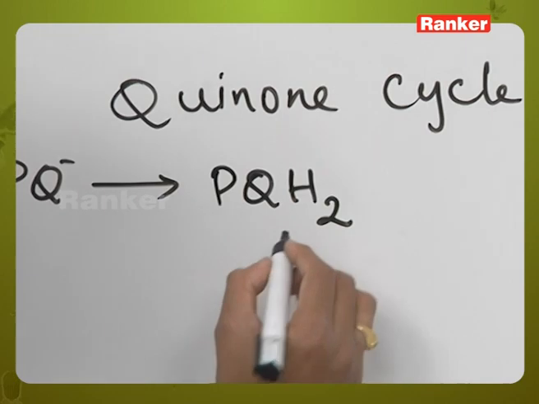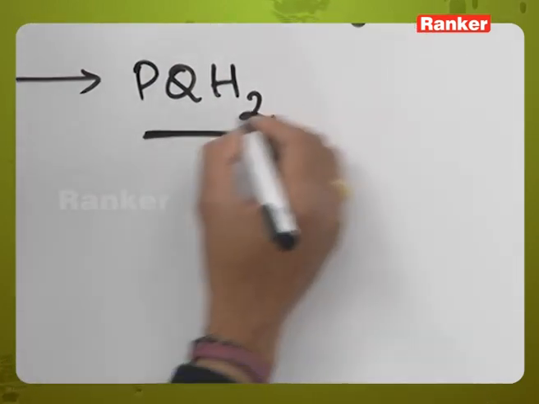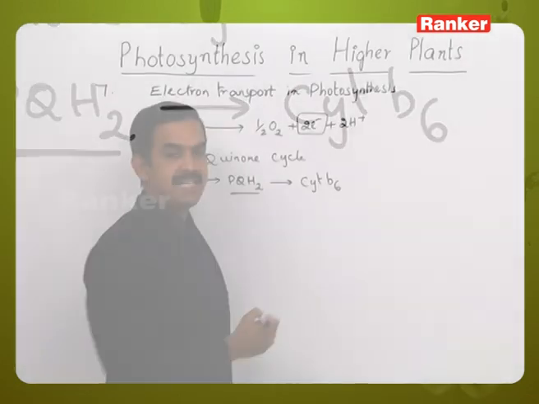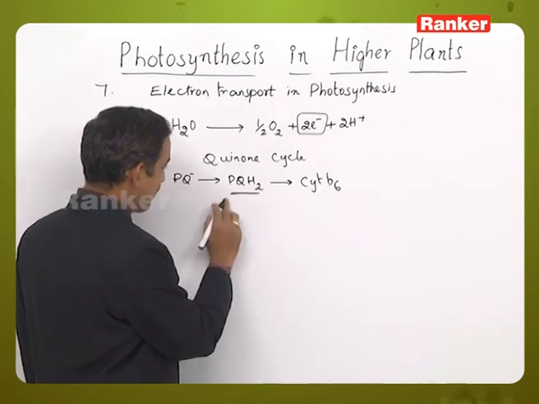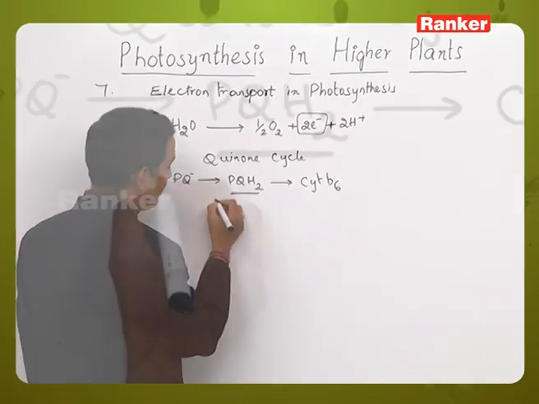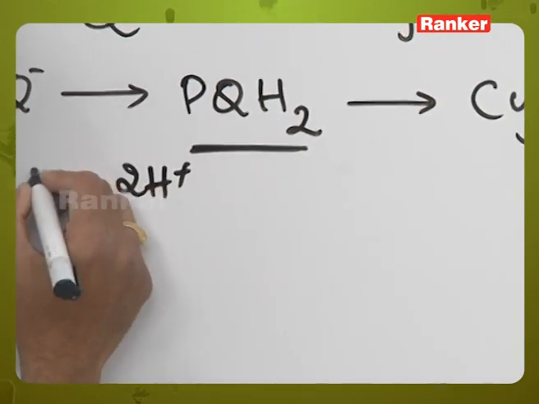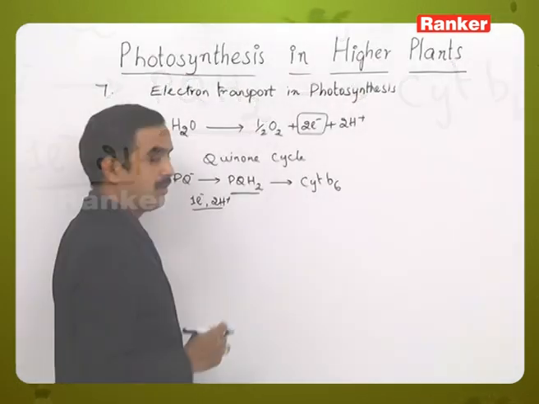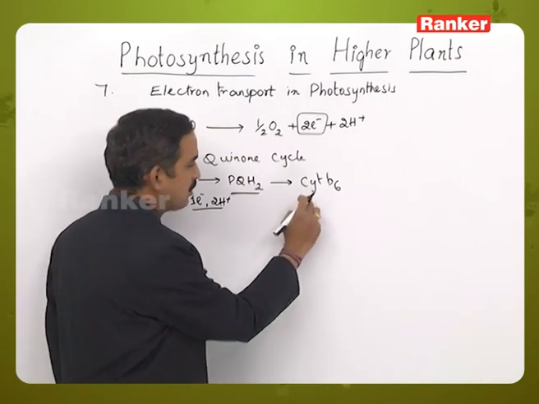And from here the electrons which have been taken will be given to cytochrome B6. So here whenever the quinone cycle is operated, only one electron is taken here. So 2 protons and 1 electron is taken. So whatever the electron that has been taken by this completely reduced plastoquinone will be transmitted to cytochrome B6.